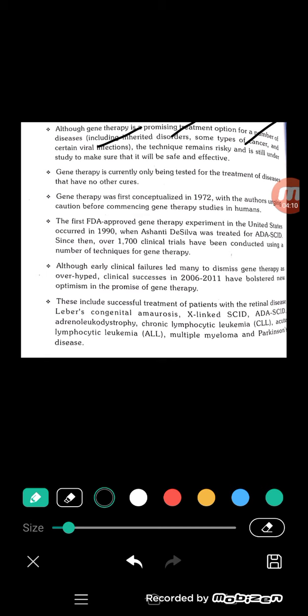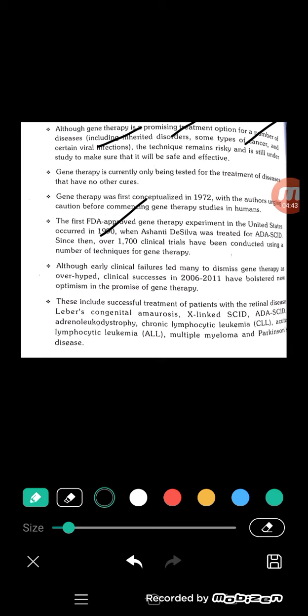The gene therapy concept was first studied in 1972, before gene therapy was studied in humans. The first FDA-approved gene therapy experiment in the United States was in 1990, when Ashanti DeSilva was treated for ADA-SCID.